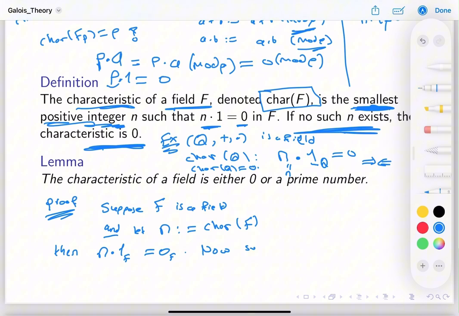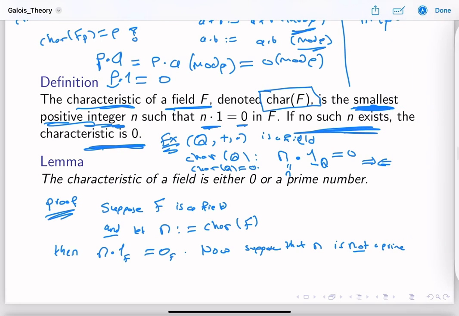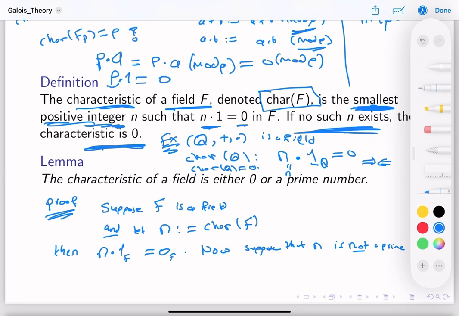Now suppose that n is not a prime, and let's also suppose n is not 0. So we're supposing that n, which I remind you is supposed to be a positive integer, or 0 if the characteristic of the field does not exist, is bigger than or equal to 0.